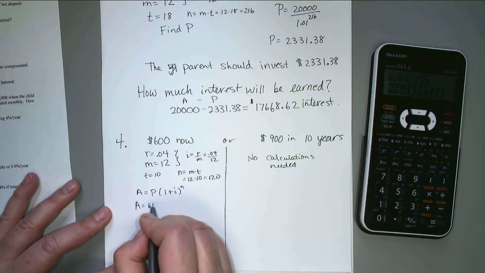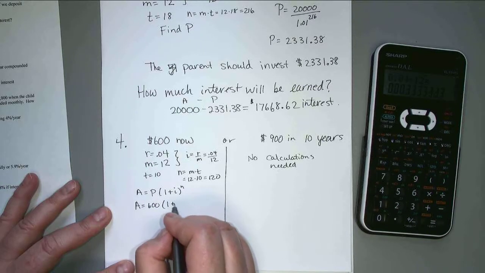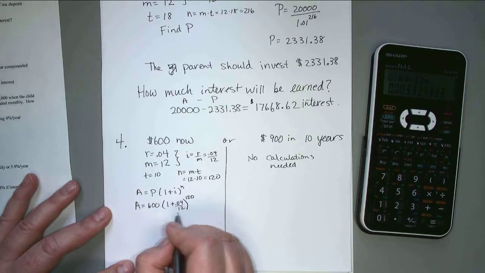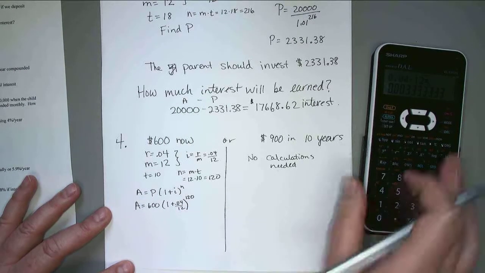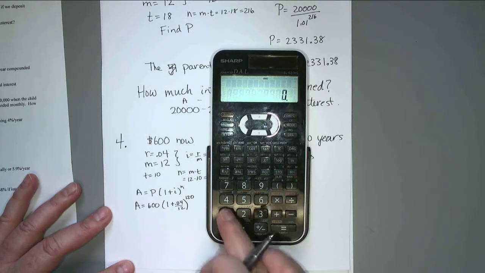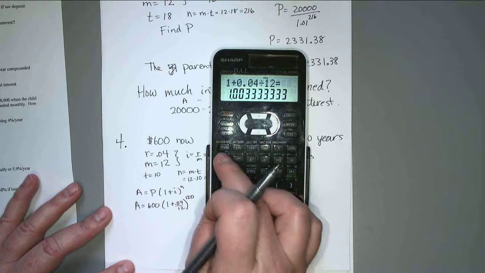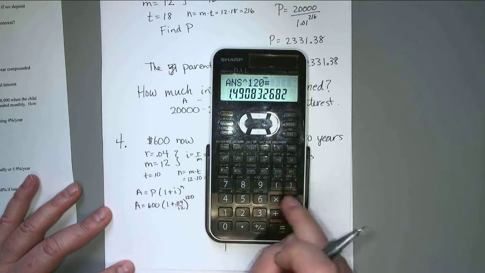So 600 is our P, how much we're putting in the bank, 1 plus 0.04 divided by 12 to the power 120. So again, I would do that bracket first, and then put it to the 120. So 1 plus 0.04 divided by 12, all to the power 120, and then times it by 600.